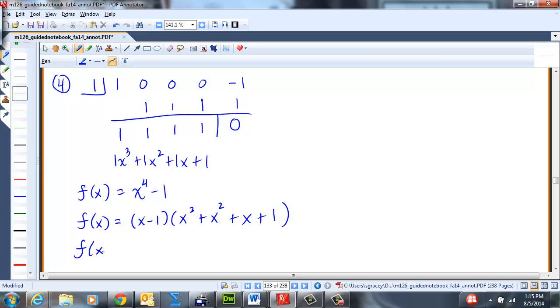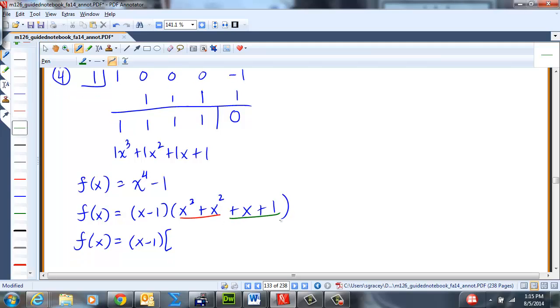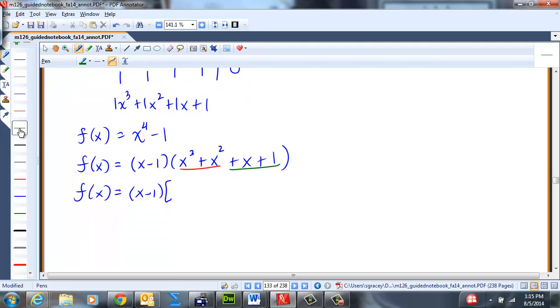So, factoring by grouping, we can factor out an x squared from the first, the red group there, and we're left with x plus 1. Then you just factor out a 1, and you're left with x plus 1 for the green group. Then we have a common binomial factor of x plus 1.